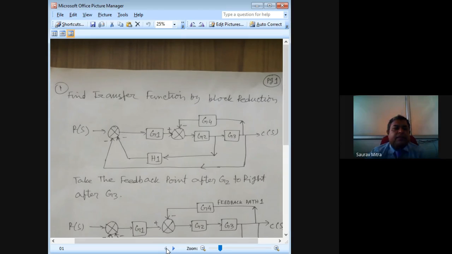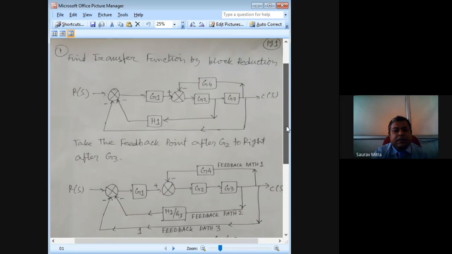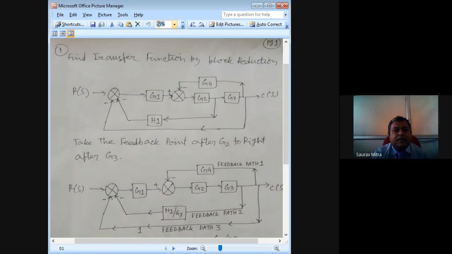So if you want to take the previous numerical, here also the previous numerical, you can take a screenshot of this. Find the transfer function by block reduction technique. So just take the screenshot and let me know. And the first step of the solution is also there.